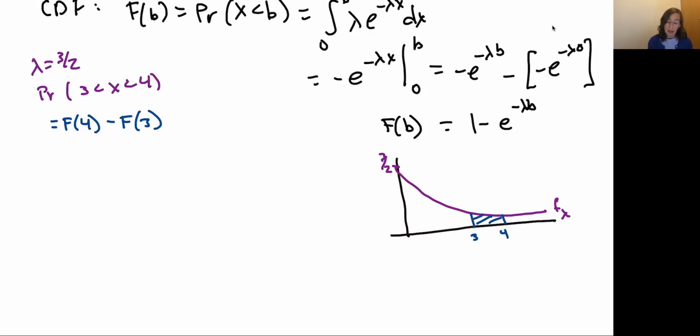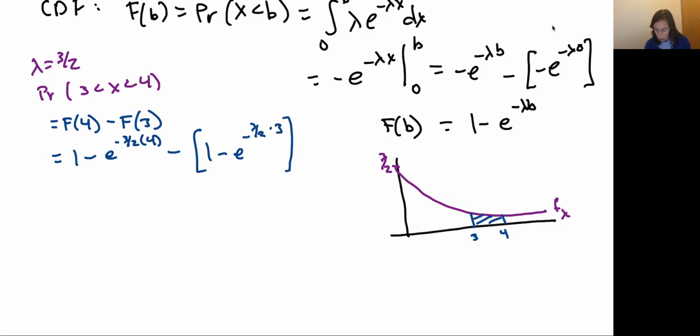And since we just found the CDF, we can just plug those numbers right in. So F of 4 is 1 minus e to the -3/2, because we're thinking about that specific value of lambda, times 4, minus 1 minus e to the -3/2 times 3. All I've done here is substitute 4 in for b, and then substitute 3 in, taking the difference.